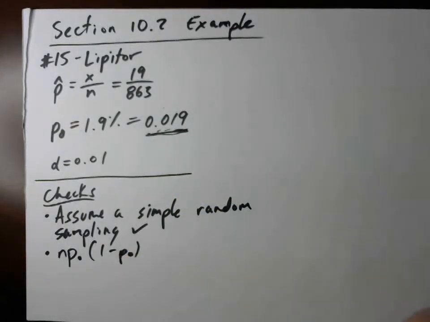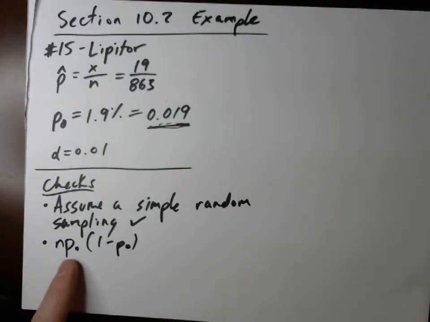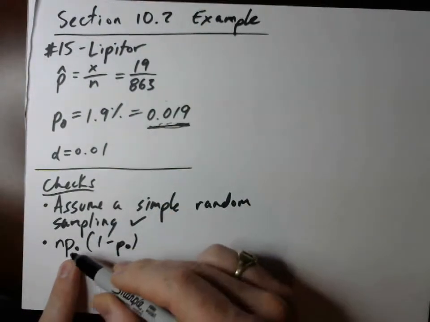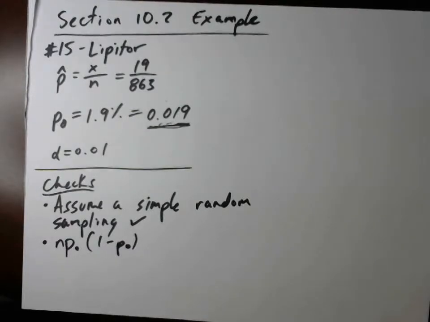You'll see in a little bit where this comes into play again. So since we're assuming that to be true, we're using that p naught value in our check to see if we have a large enough sample size.